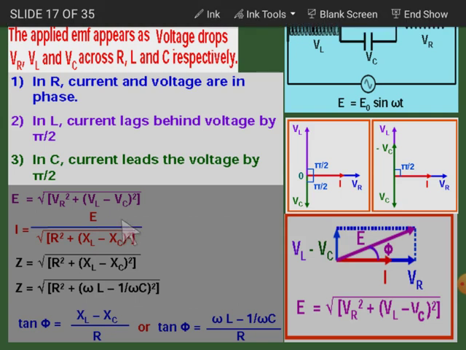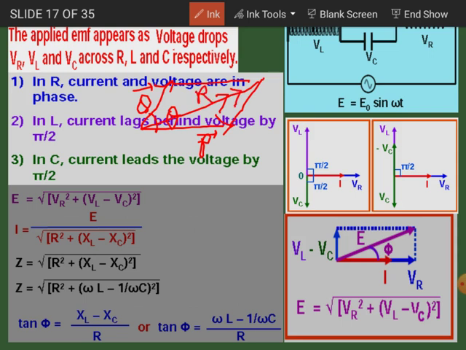Let me remind you again. We know that if there is a parallelogram like this, with one vector along this and another vector along this, let's take this as the P vector and this as the Q vector, and the angle between them is theta. If you complete the parallelogram like this, then the resultant of these two vectors will be given by the diagonal drawn from the same point.